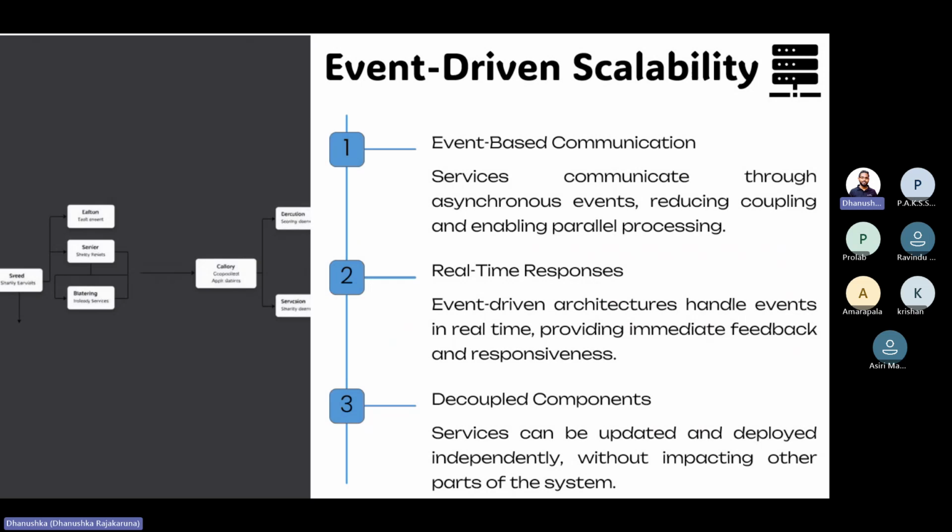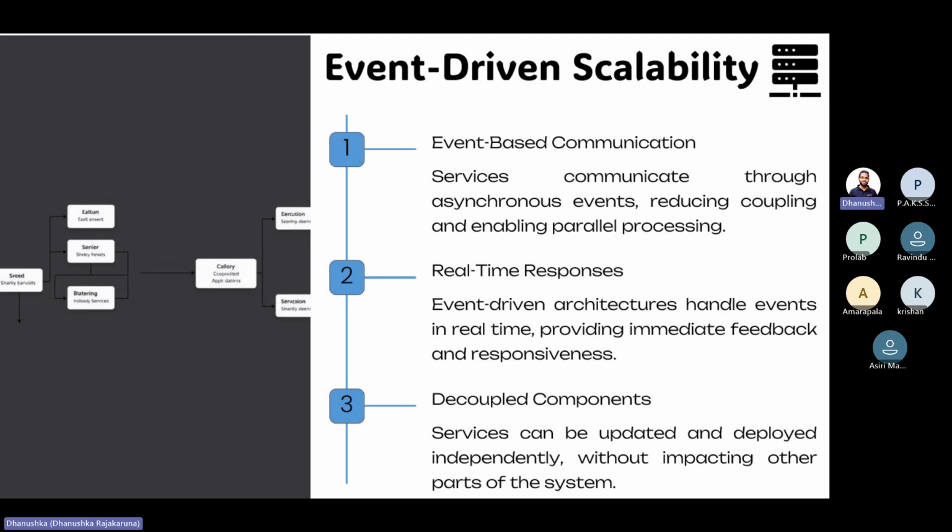Event-driven scalability is a design approach in modern architecture that enables systems to automatically adjust their resource utilization based on real-time events. This approach is fundamental to serverless computing and distributed systems, ensuring high performance, cost efficiency, and reliability in handling workloads.